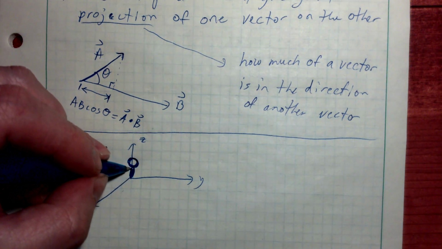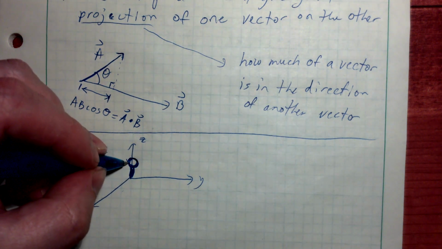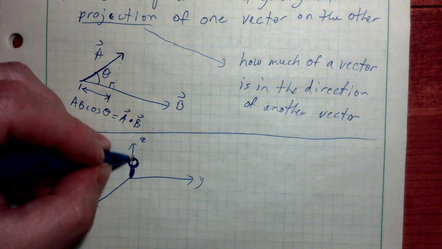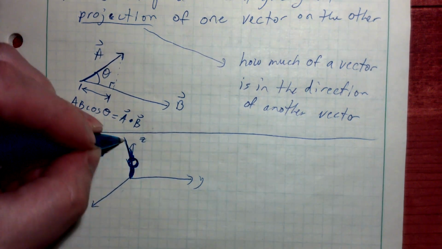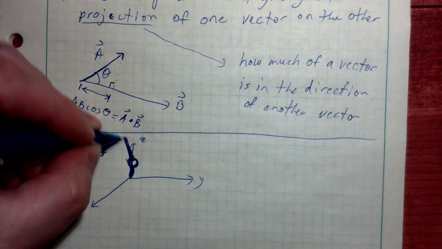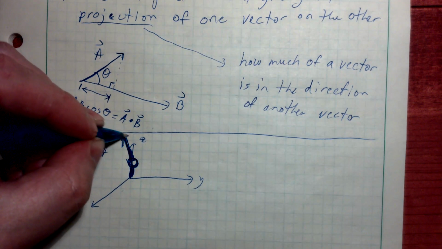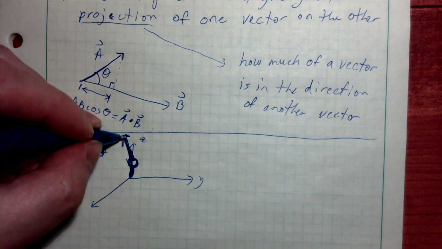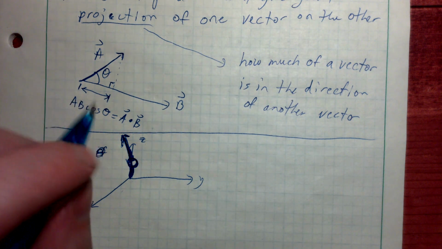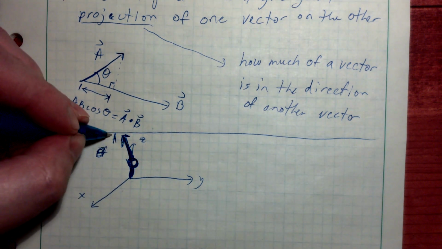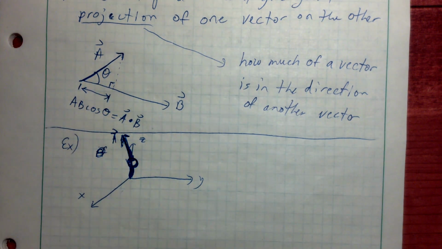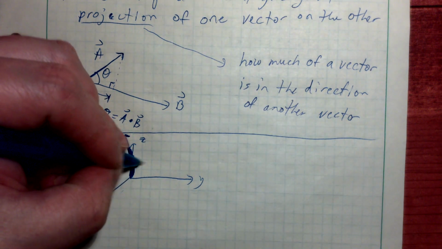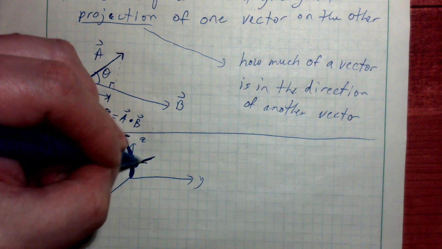This one is a little bit in the Y, but very much heavy in the X and Z direction. We'll call this vector A. And then a smaller vector, we'll call him vector B.